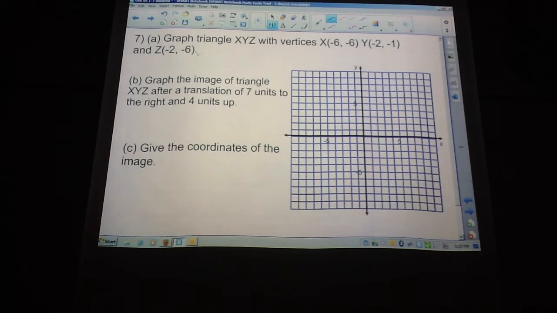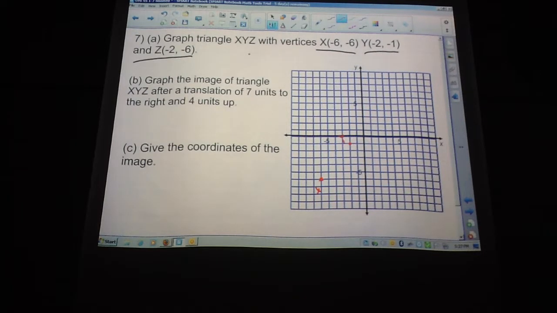Okay. So one quick example here. It wants us to graph the triangle x, y, and z, and it gives us the locations of each point. So I'm going to come over here to the coordinate plane, and I'm going to graph negative 6, negative 6, and that's my x. And then I'm going to graph y at negative 2, negative 1.